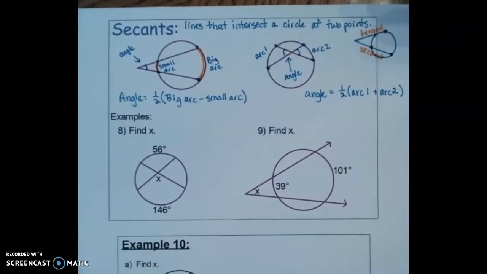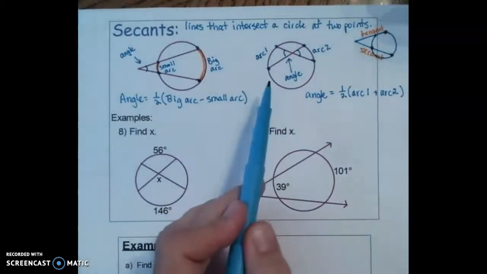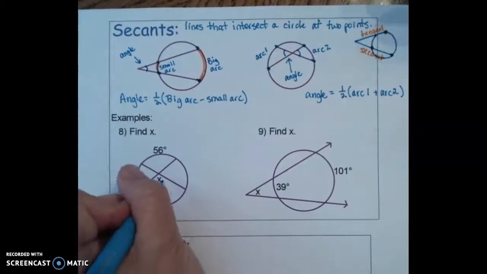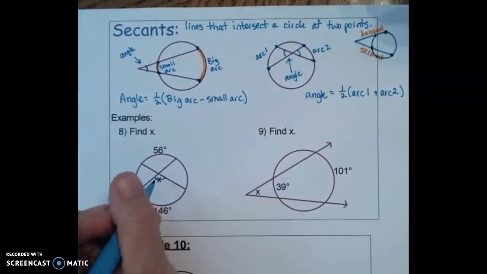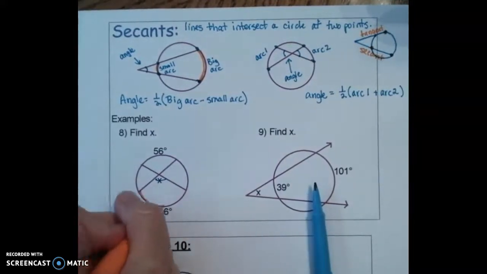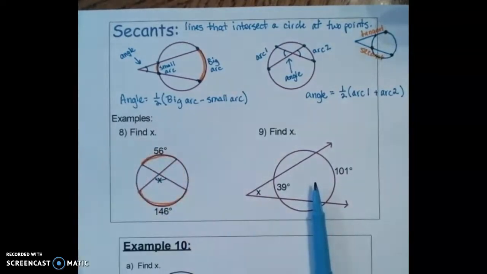So if we look at our first example, it told us to find x. So look at your two pictures above. If x is here, that's an angle on the inside. So I need its two intercepting arcs. So I have arc 1 and arc 2 for the intercepting arcs for this angle.